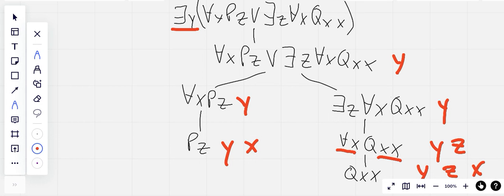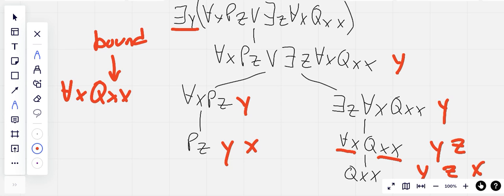So these x's are what we call bound. If your variables fall under the scope of a quantifier, we call them bound, and if they do not, then they are called free. So for for all x Qxx, these x's are bound, but for Qxx, these x's are free.